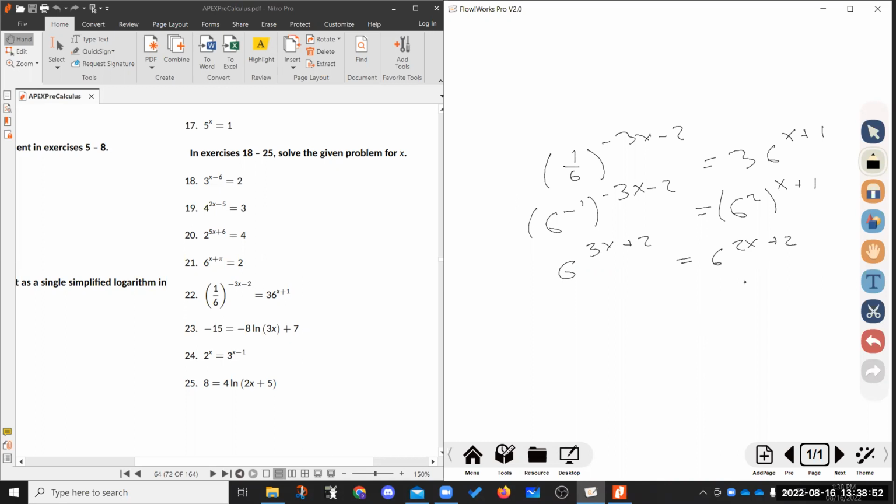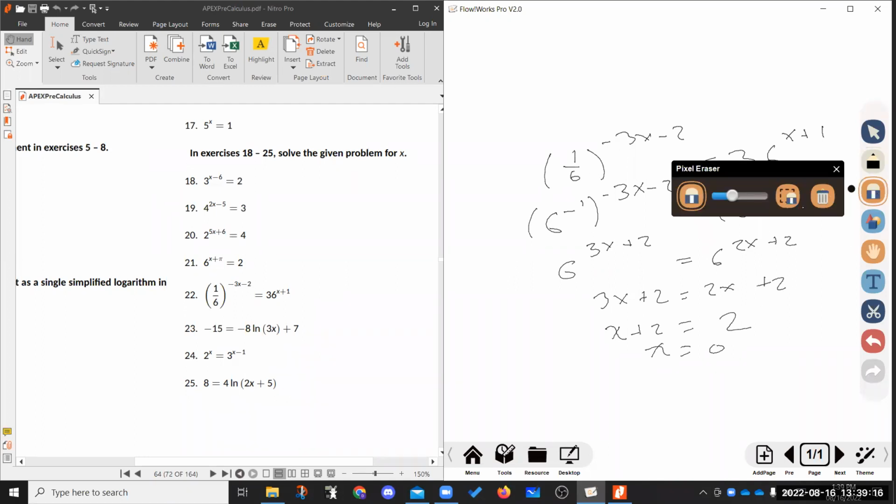And because I have my one-to-one property that says that if these exponential statements are equal and their bases are equal, their exponents have to be equal. That's going to be x plus 2 is equal to 2x, so x is equal to 0. So the only way that these are going to be equal to each other is when x is equal to 0. It's the only time.